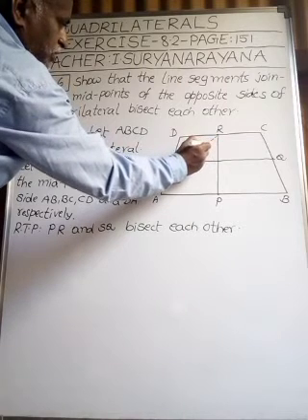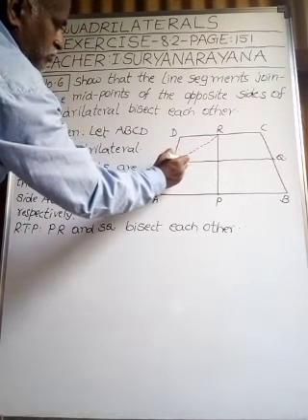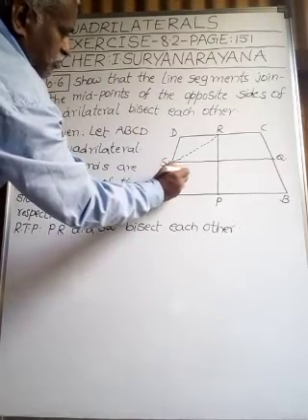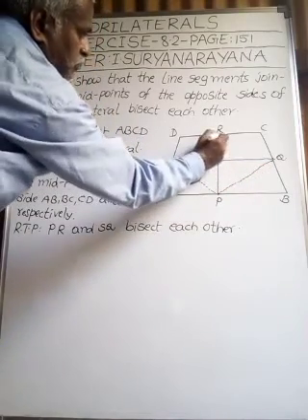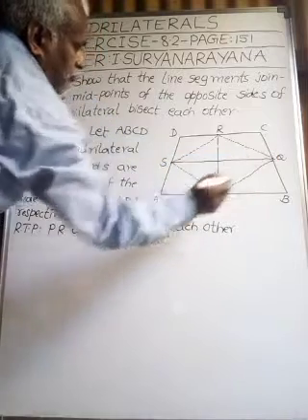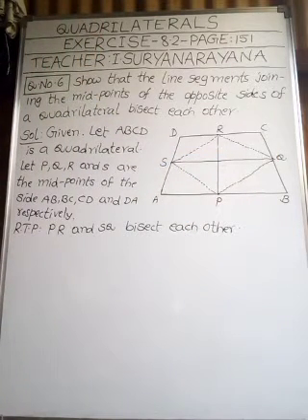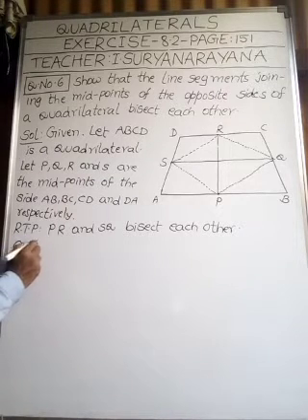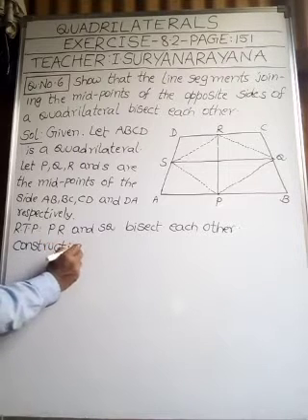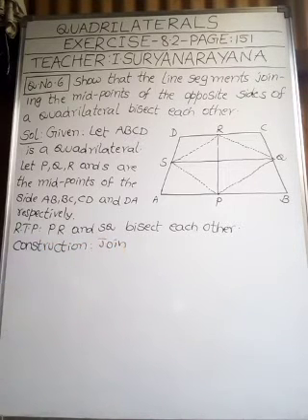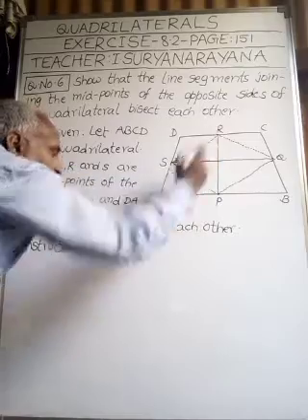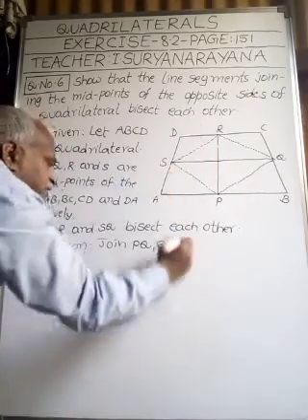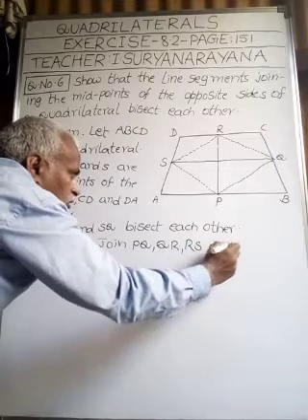Join these points. Construction: join PQ, QR, RS and SP.